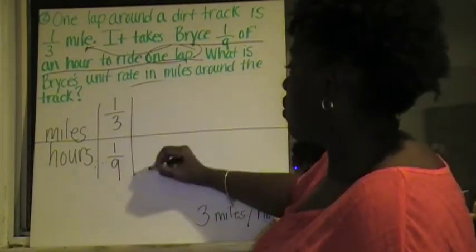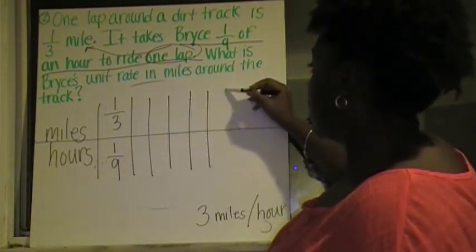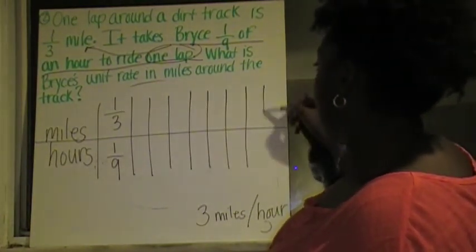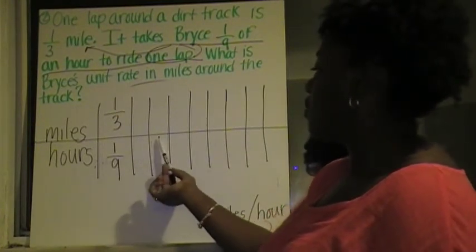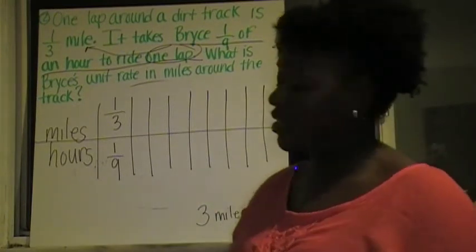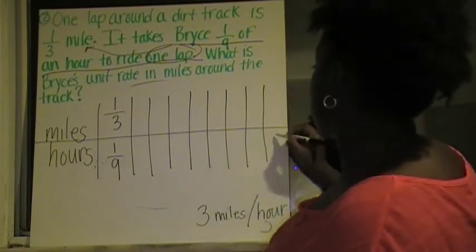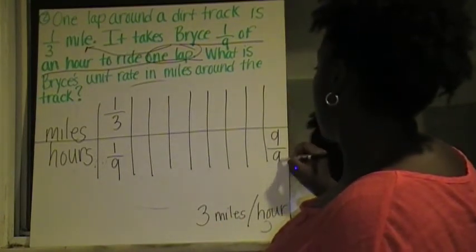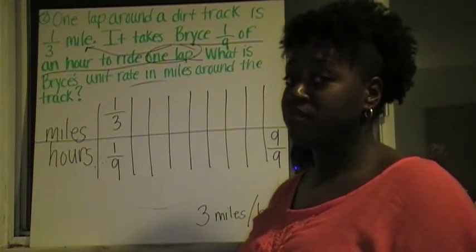So since I know my hours are divided up into ninths, I'm going to need 9 of these sections. Let's check. 1, 2, 3, 4, 5, 6, 7, 8, 9. Perfect. Okay, so let's fill in our hours first, because we know we need to get to 1 hour, which is 9/9. Following me?